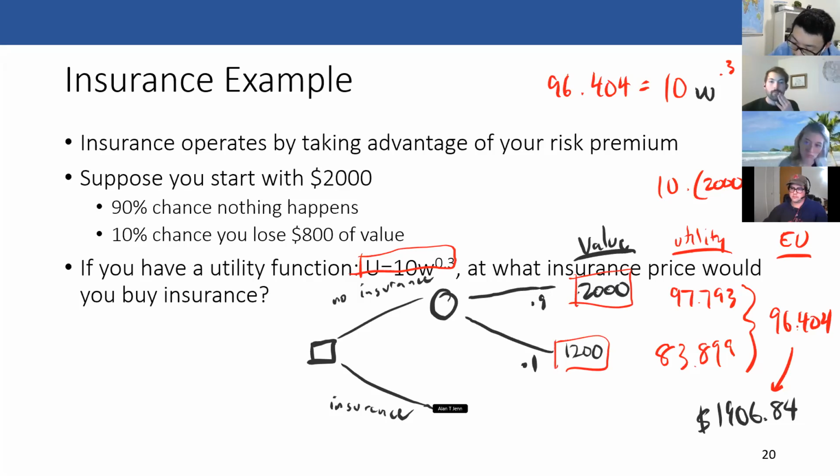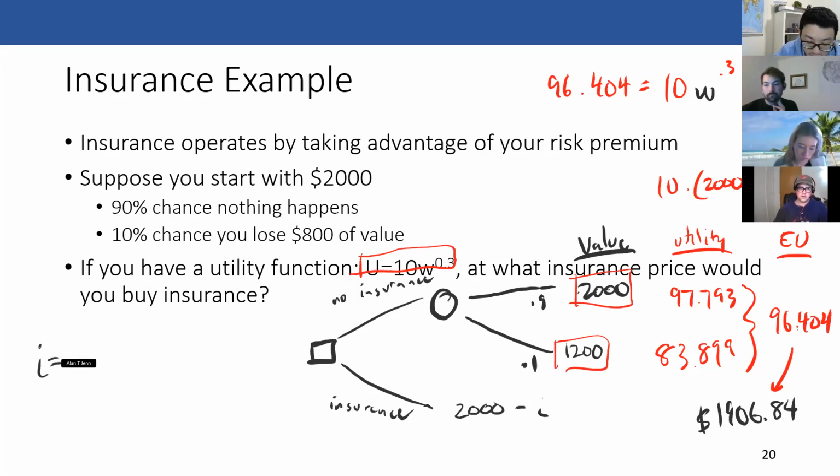And so if I buy insurance in my first decision, then the value that I have is going to be $2,000 minus whatever I paid for insurance. So given my risk preference and what that translates to in dollars, I would be willing to pay this much money for insurance.